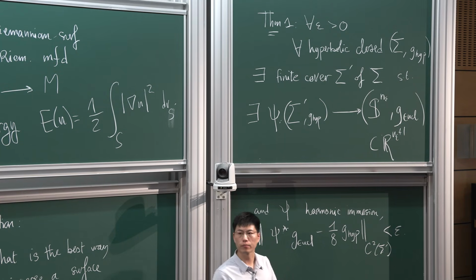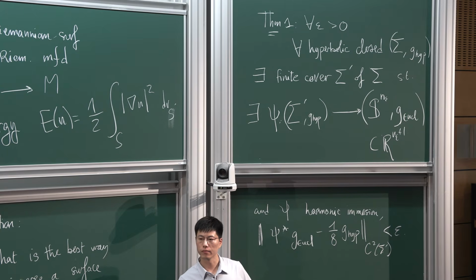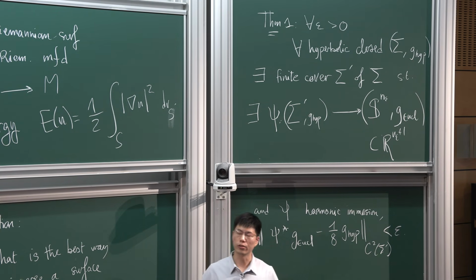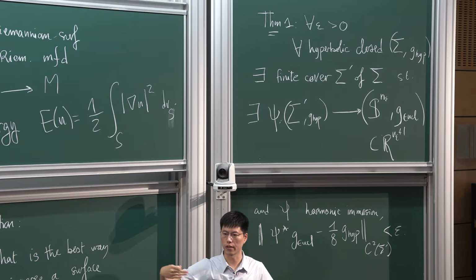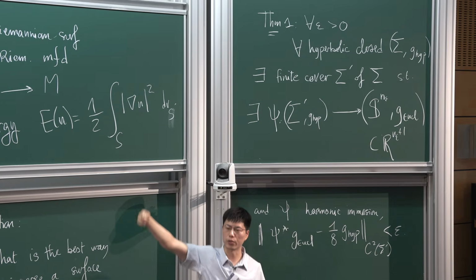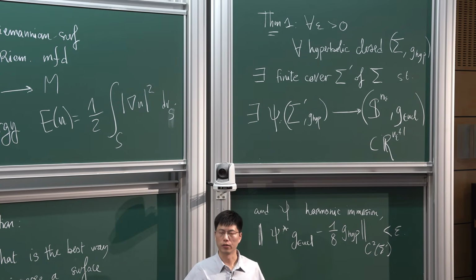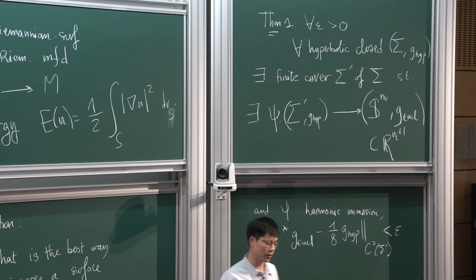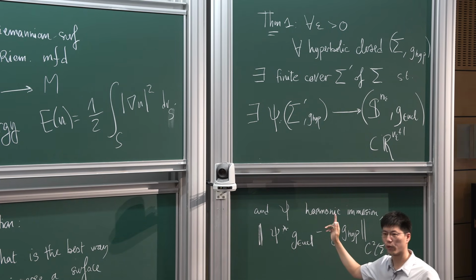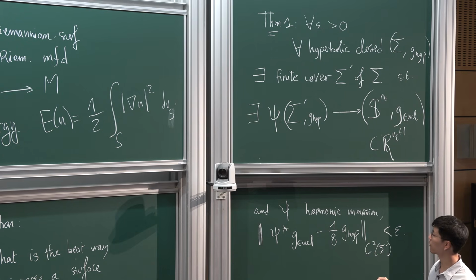Do you have any control on the bounds of the degree of the cover in terms of epsilon? That's a good question. All I know is if you leave out any compact subset of, say, the moduli space of hyperbolic metrics, then this degree has to go up. So maybe that answers a version of your question. Another version of your question is, when epsilon goes to 0, how do these things evolve?